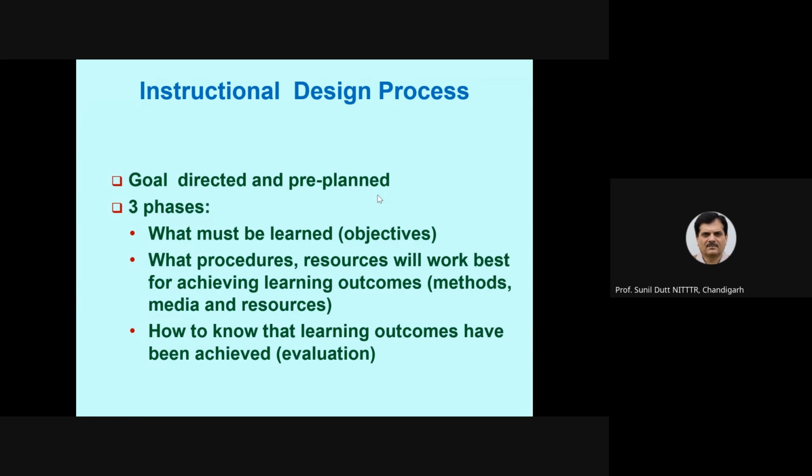And thirdly, how to know that learning outcomes have been achieved: evaluation. So, not measurement, but evaluation, which contains the quantitative and qualitative aspects of the students' achievement and performance. And the evaluation must be valid, it must provide reliable results.